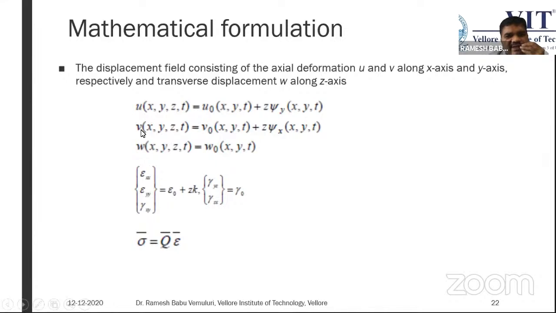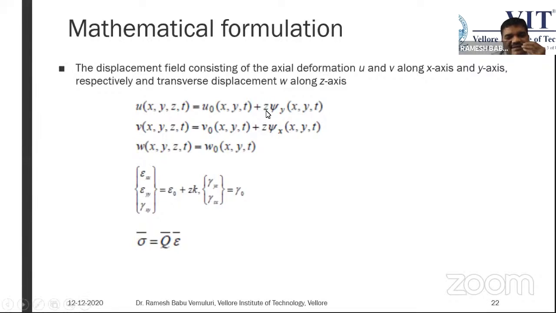So these are the displacements u, v, w. The u is in terms of the mid plane displacement plus the contribution at the top or the bottom layer, here maybe the bottom or the top based on how it is deformed. Here they took a positive sign.